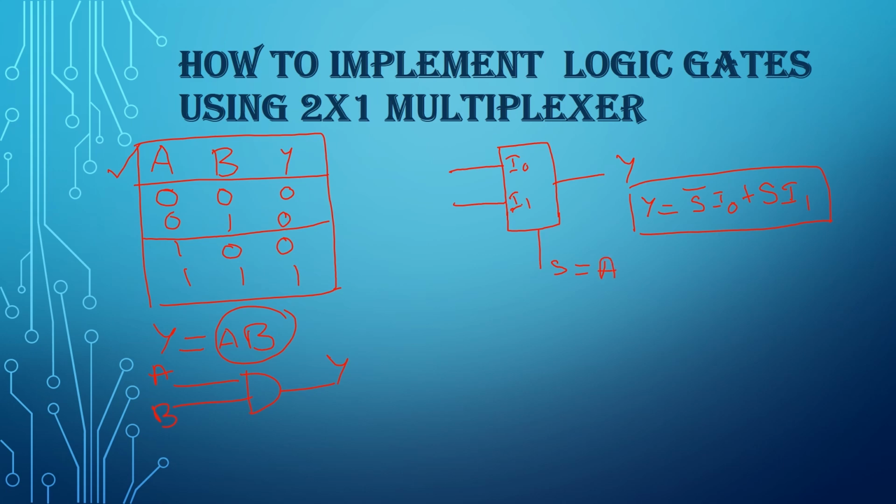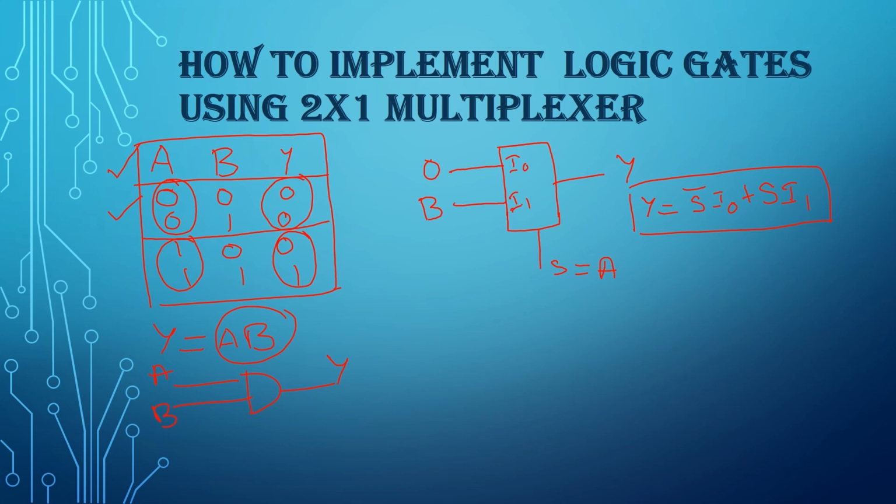So here we have two cases: when A is equal to 0 and when A is equal to 1. When A is equal to 0, the output is 0, so this 0 I'm going to give to I0. When A is equal to 1, the output is the same as B, so this B I'm going to give to I1.